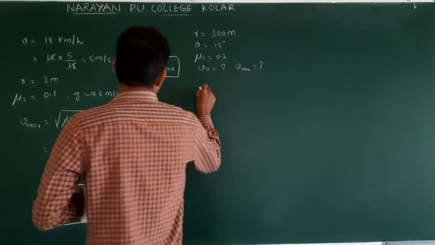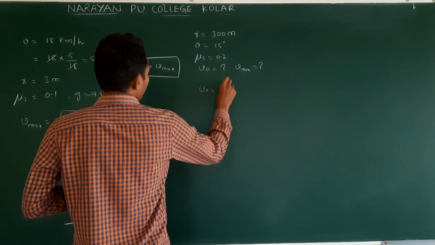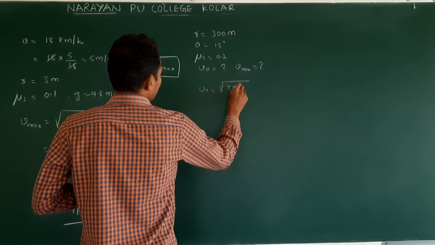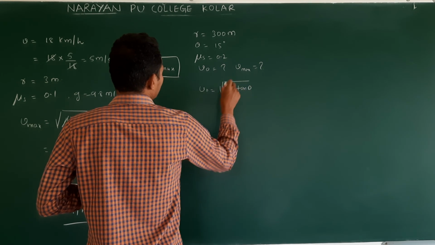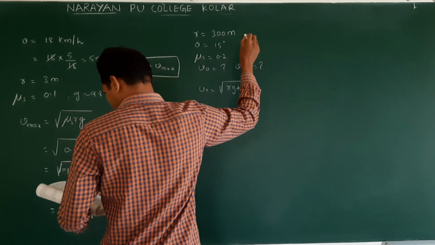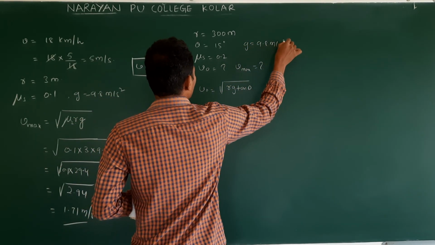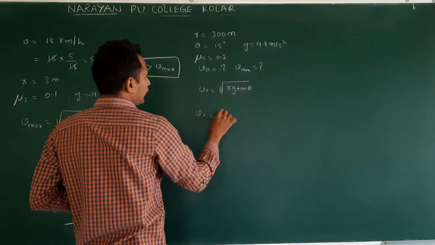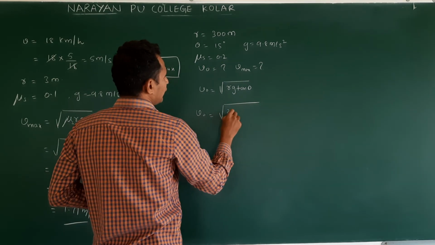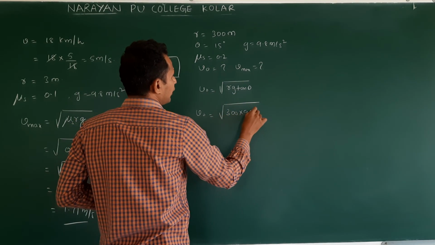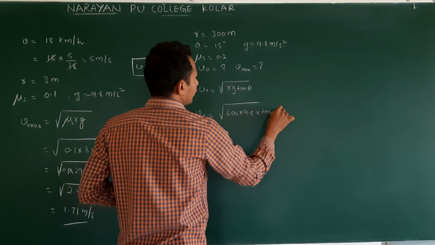V0 is what? Direct formula. V0 is under root of R g tan theta. g, we are asked to take 9.8 meters per second square. Then V0 is equal to under root of 300 into 9.8 into tan 15.